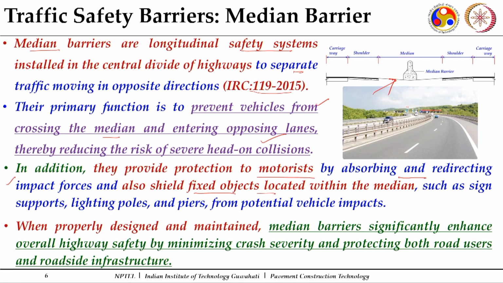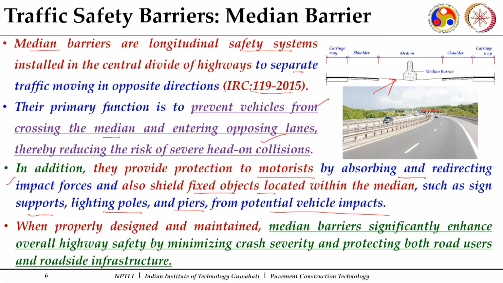If some fixed objects are located inside the median, they also get protected with the help of these crash barriers, such as sign supports, lighting posts, and piers, from potential vehicle impact.